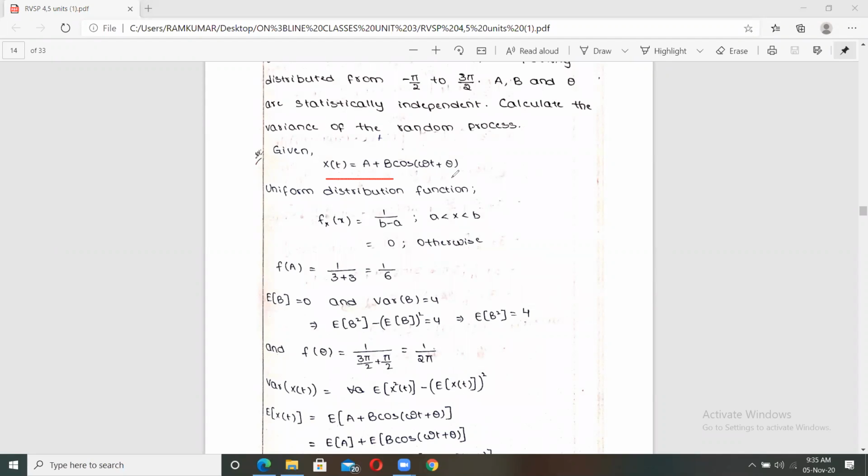For uniform distribution, 1 by b minus a. Here A is a random variable, right? A is a random variable. For this, f of a becomes 1 by 6.